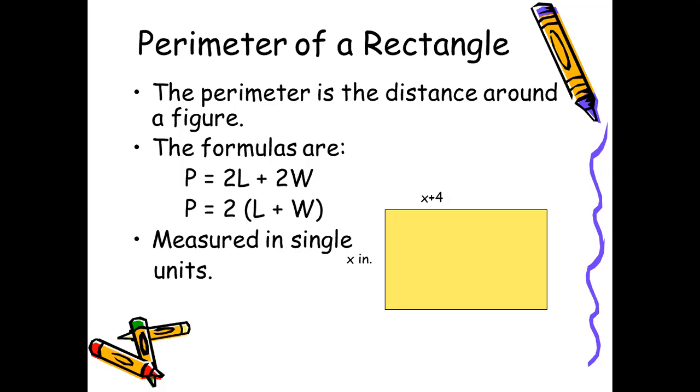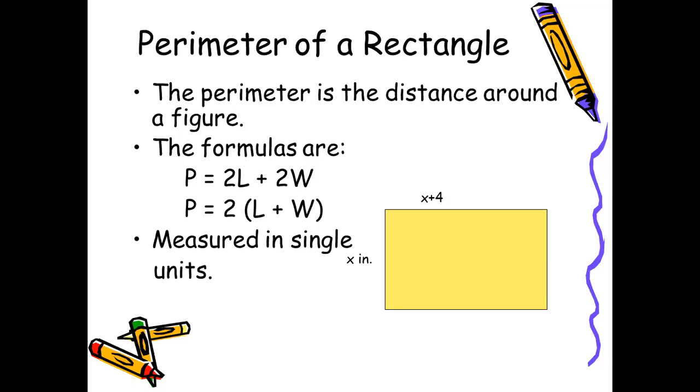Coming back to this rectangle here, you can see that the length is x plus 4 and the width is x. So you need to know the difference between the length and the width. The length is the long part and the width is the shorter part. Not necessarily, but in this figure, it's given like that.